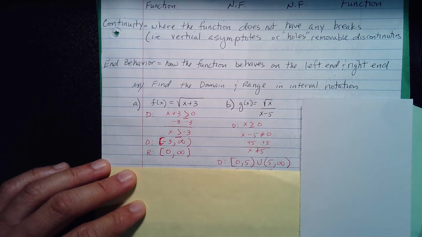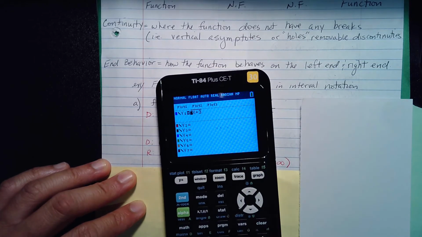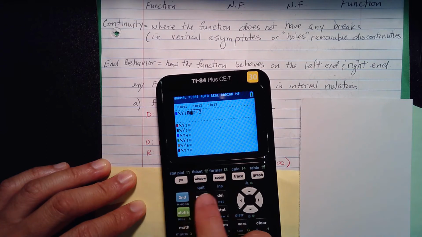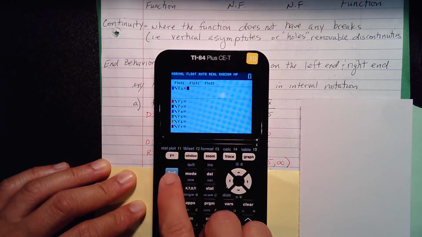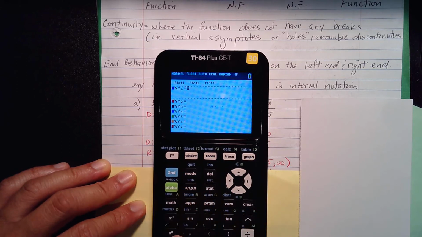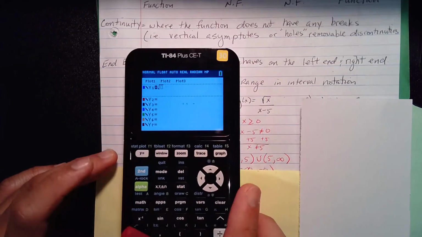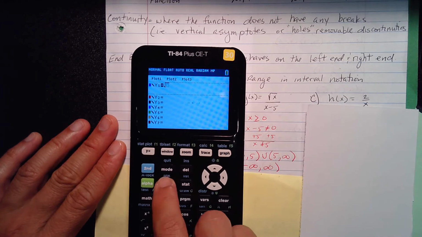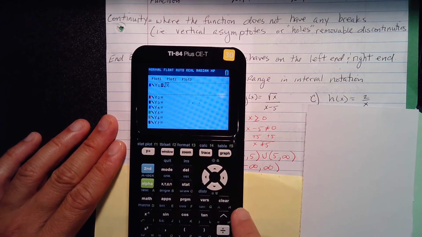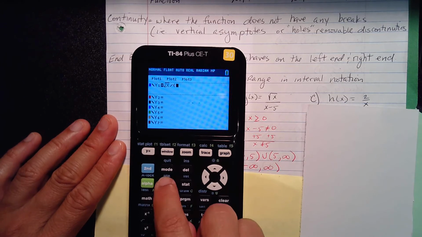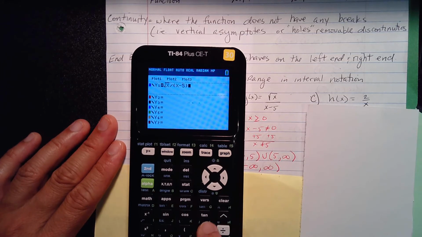So let's graph this. We'll clear it. This is the square root, and that's x, go outside of the radical, divided by, put parentheses, x minus 5, close parentheses. We'll graph.